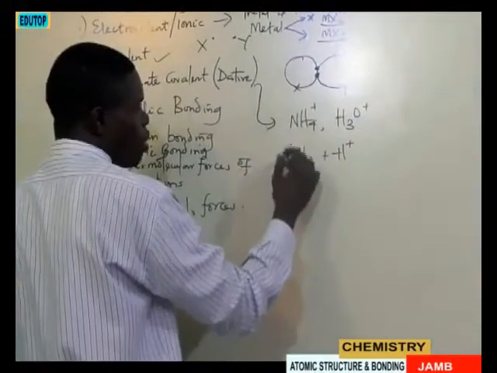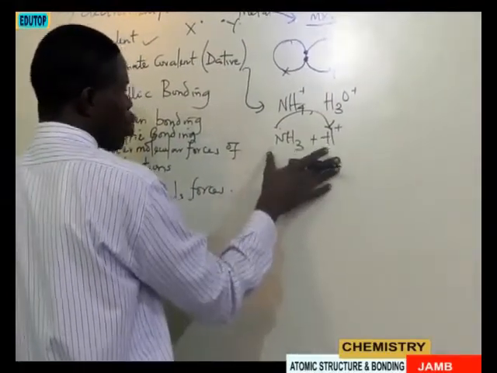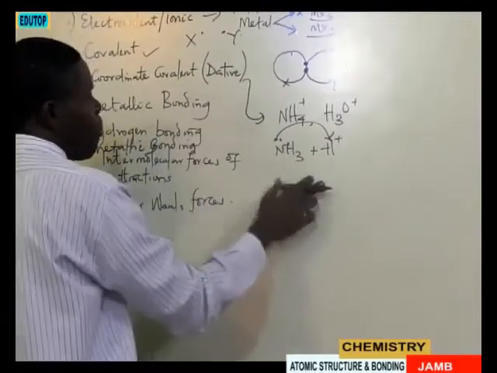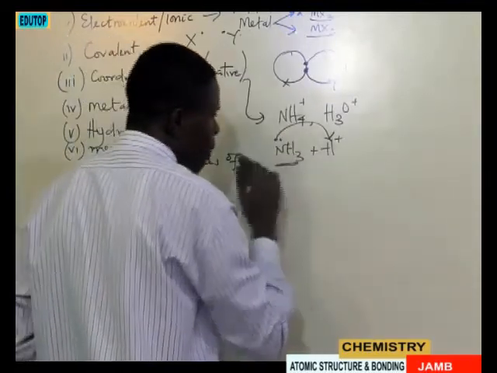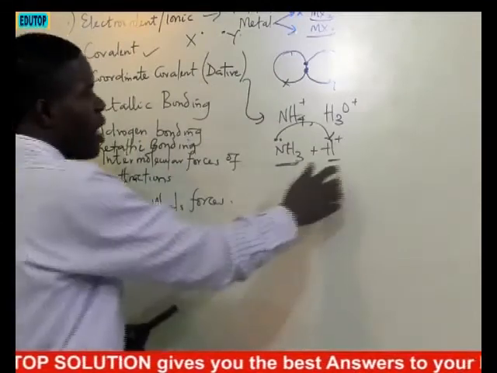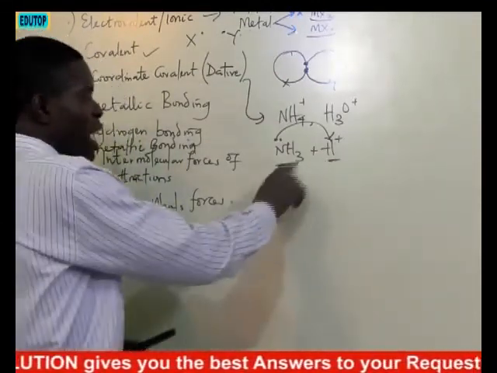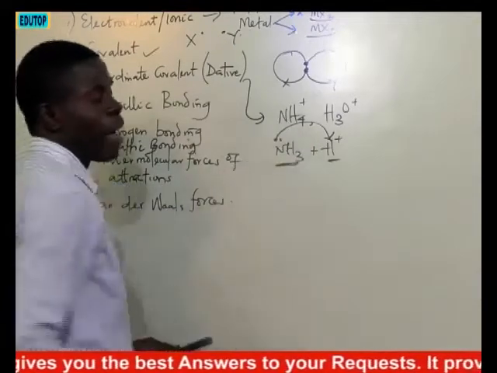There is a lone pair on the ammonia that it will use to pair up with the hydrogen. That was what I was trying to tell you, that in coordinate covalent bonding, the shared pair is donated by only one participant. This one is deficient of electron, this one is not having any electron. So before they can combine, this one has to donate this lone pair.